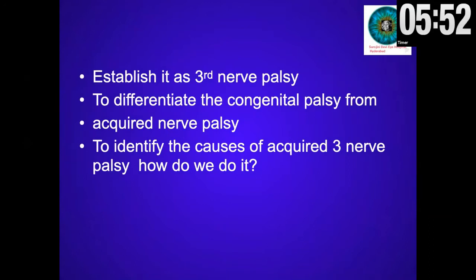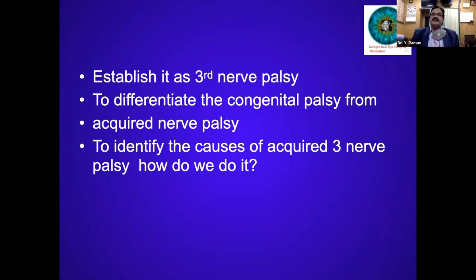Once we establish the diagnosis of a palsy, we have to decide whether it is acquired or congenital, and whether it is complete or partial. In a congenital palsy, usually the most common cause is intrauterine trauma resulting in hypoxia and in nerve hypoplasia or aplasia.